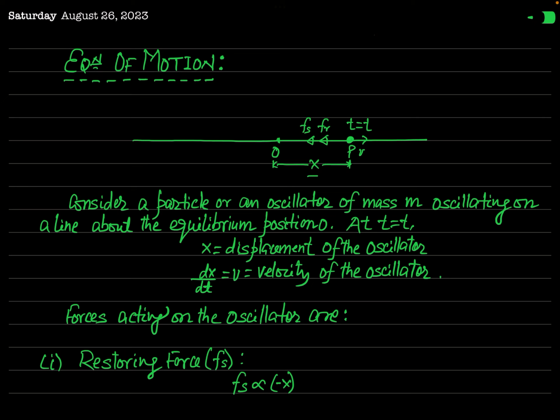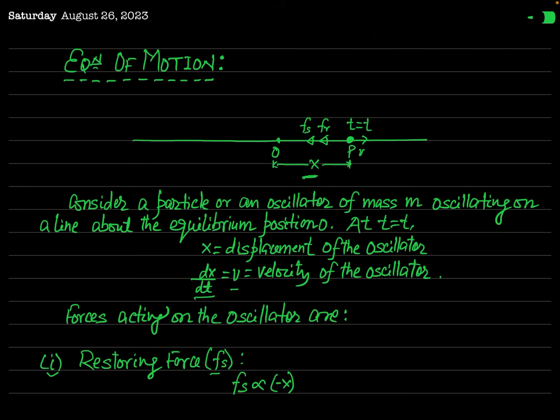So let us consider at any time t, the displacement of the oscillator is x, and so its velocity at time t will be dx by dt, which I have denoted by the symbol v. And as I have told you, there are two forces acting on our oscillator. The first one is called restoring force, and I have denoted this restoring force by the symbol Fs. You know, this restoring force is directly proportional to the displacement of the oscillator, but it always opposes the displacement.